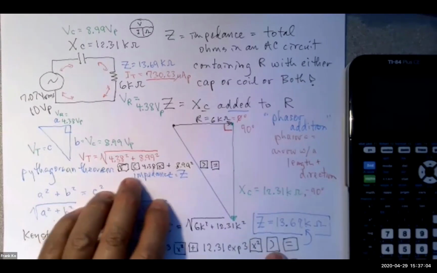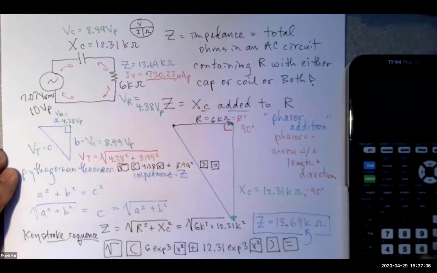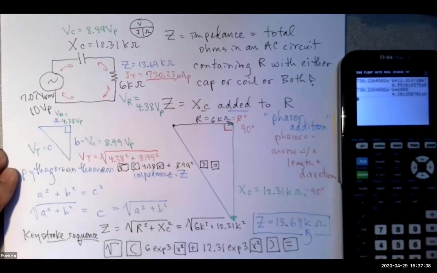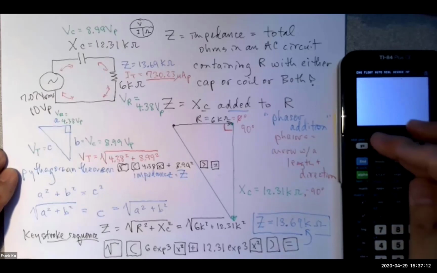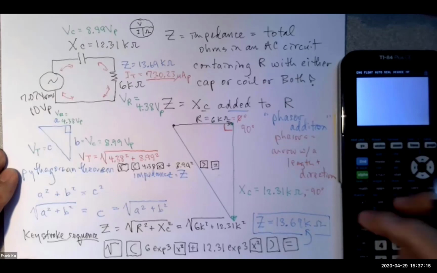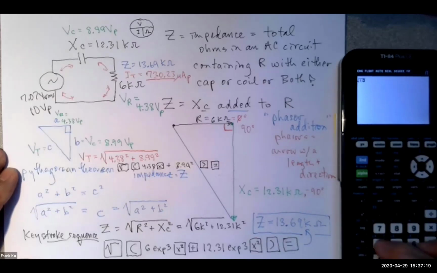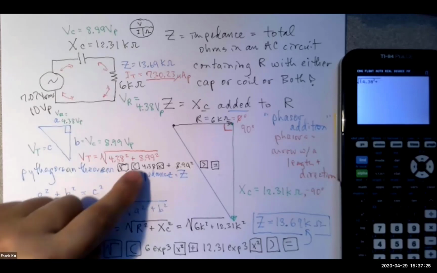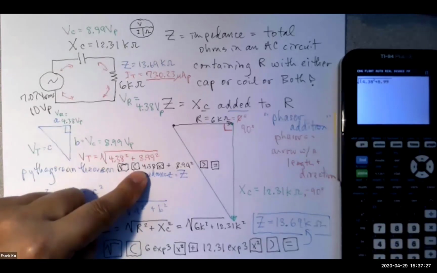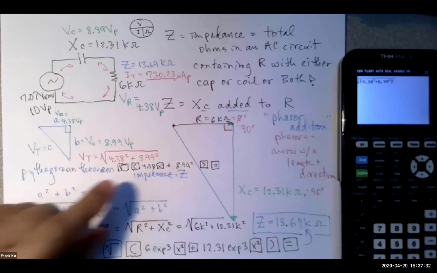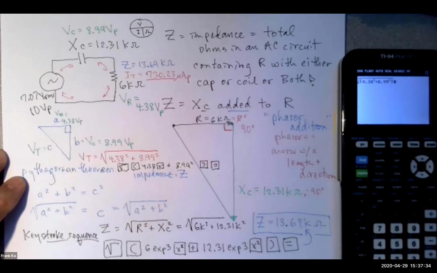So if I use this keystroke sequence, and I'll do this right along with you, I'm going to clear, open my square root function, bring in an open parentheses, 4.38 squared, I'm not going to use memory in this case, plus 8.99 squared, close parentheses, and I'm going to hit equals.